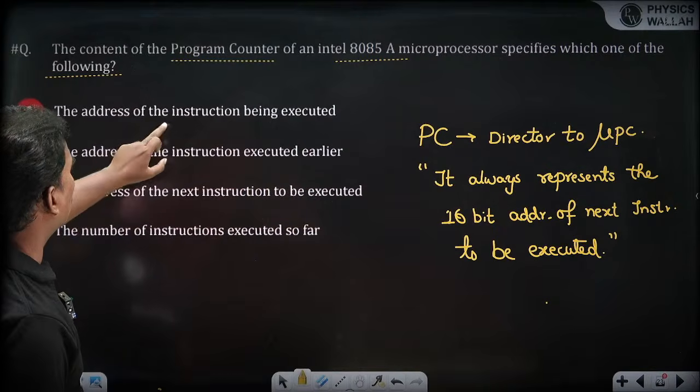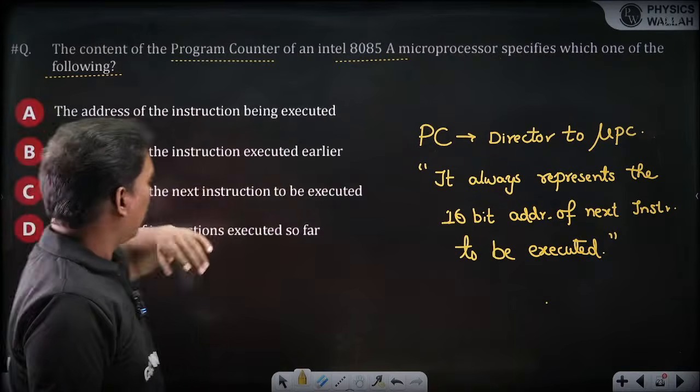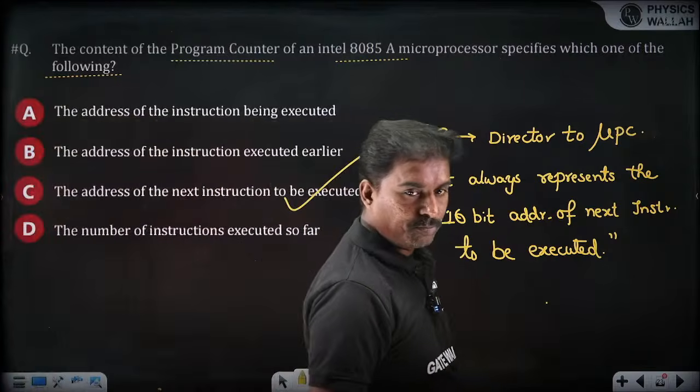The options are: the address of the instruction being executed, the address of the instruction executed earlier, and the address of the next instruction to be executed. So this is the right answer.